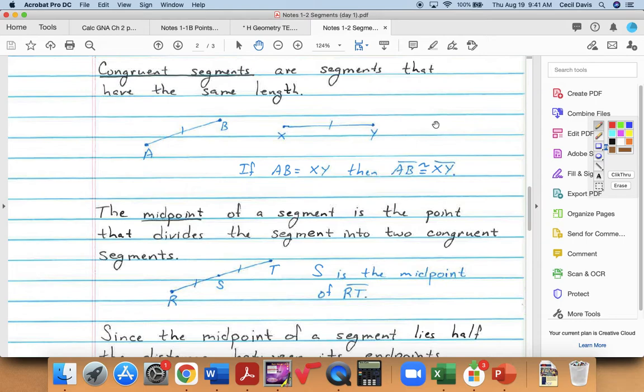So here I've drawn two segments, AB and XY.